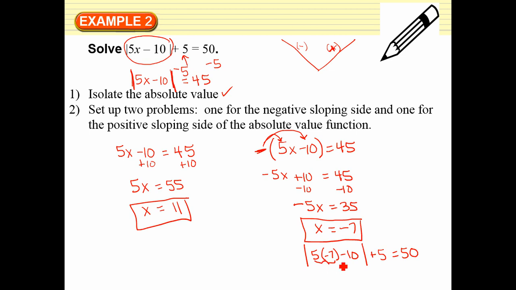Well, negative 5 times negative 7 is negative 35. Minus 10 more is negative 45. So I'd have the absolute value of negative 45, that's 45, plus 5, does equal 50. See, it works. Because we're not talking about absolute values being negative, we're talking about the x being a negative value, and that's okay.